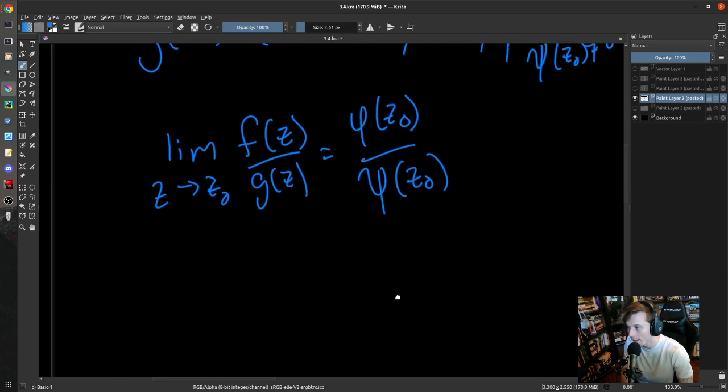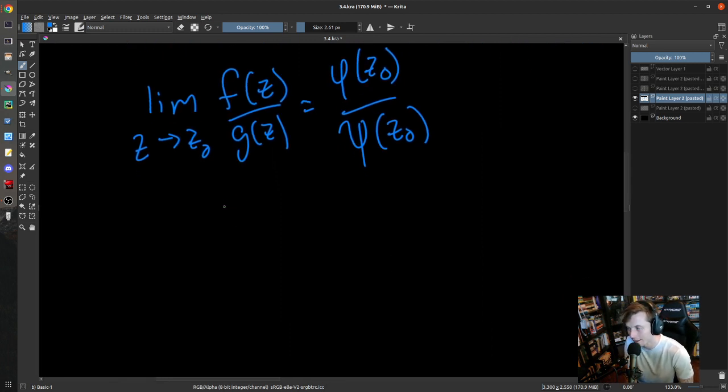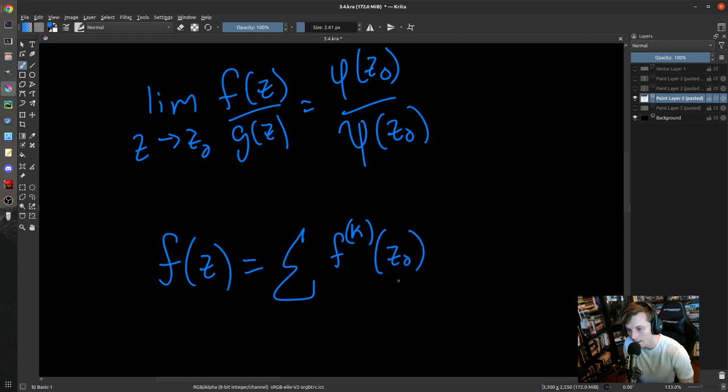Okay, we'll just do it for f, since we could do exactly the same process for g, and then it'll generalize. So since f can be written at z₀ in the following form by Taylor's theorem. I should use a variable other than k here, sorry.